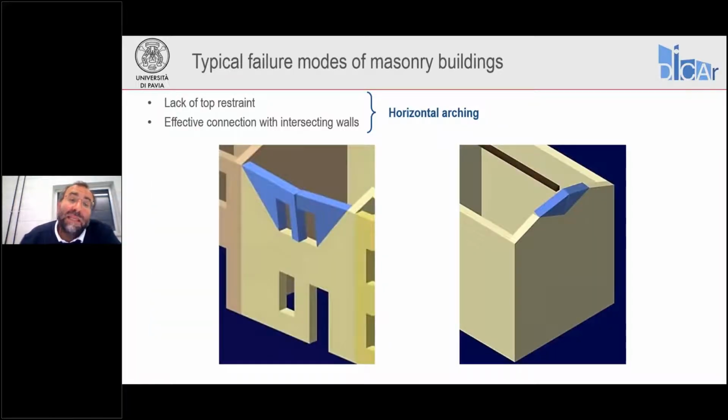And finally, if we don't have good restraint at the top, but we have quite effective connections with the transverse walls, then we may observe the formation of an horizontal arching mechanism. These are only some of the possible mechanisms, the most common mechanisms related with overturning of the walls that we can observe, but other more complicated situations may arise.